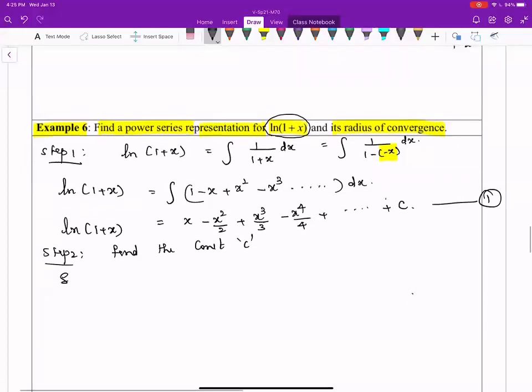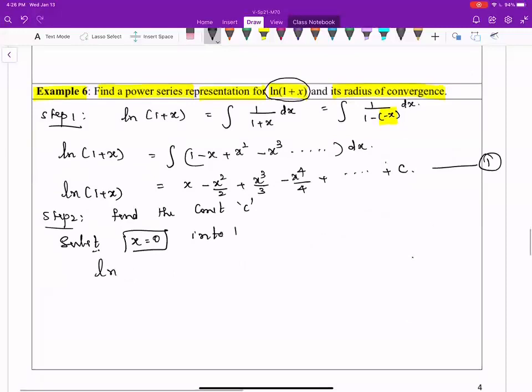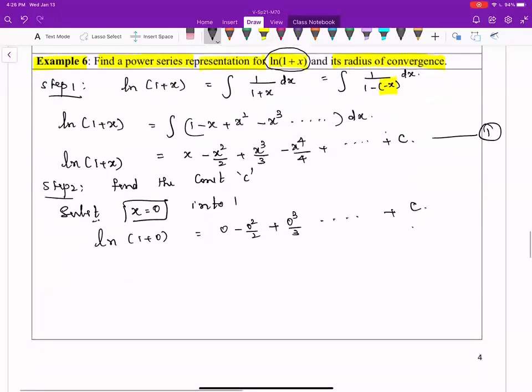So you substitute any value, we will particularly choose x equal to 0 into equation 1. So we get ln of 1 plus 0 equal to... all the terms on the right hand side involve x. All of them will become 0 except c. So c equal to ln 1 equal to 0.